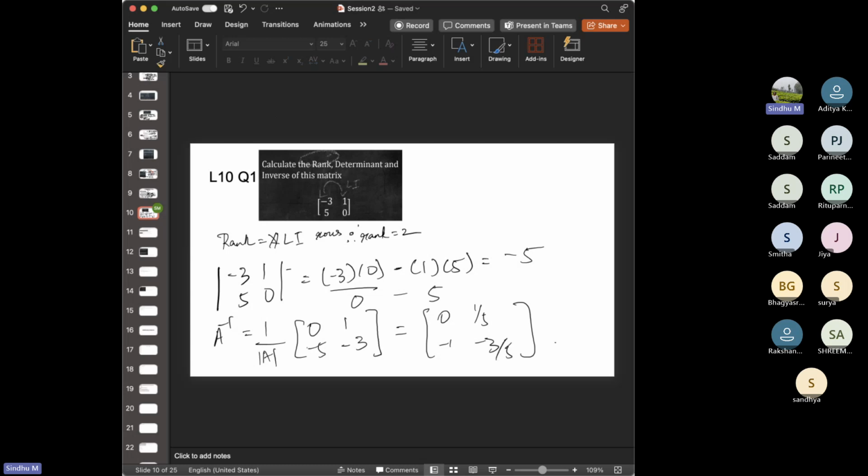So that's it that they have asked in the question: the rank, determinant, and the inverse. If there are no questions, we can go to the next week's.